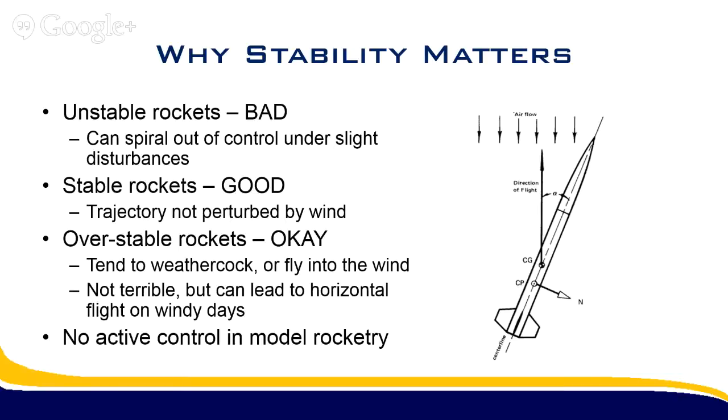So if you have a wind, the rocket is going to align itself with that wind, and actually start flying into the wind direction. And this isn't immediate, but for a sustained wind, it will eventually be directly into the wind, because it will be constantly adjusting its flight direction. But if it's a windy day, you can get significant horizontal flight, which is bad for, I guess, structural reasons, more or less.